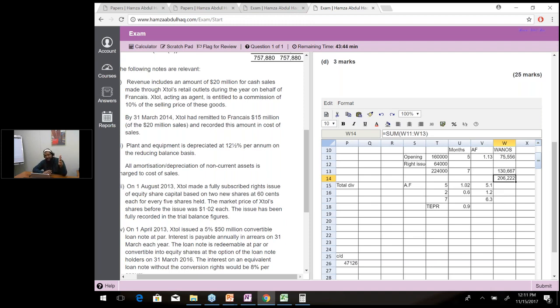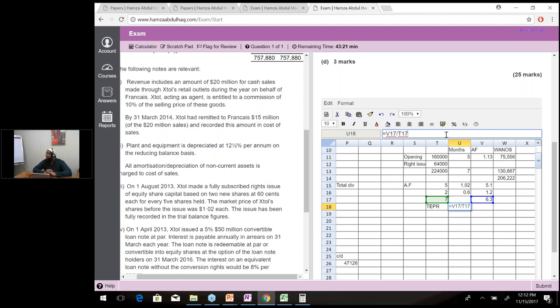Opening shares of 160 into 5 divided by 12 into the adjustment factor, which is the market value divided by the theoretical ex-rights price, and the theoretical ex-rights price is 6.3 divided by 7.